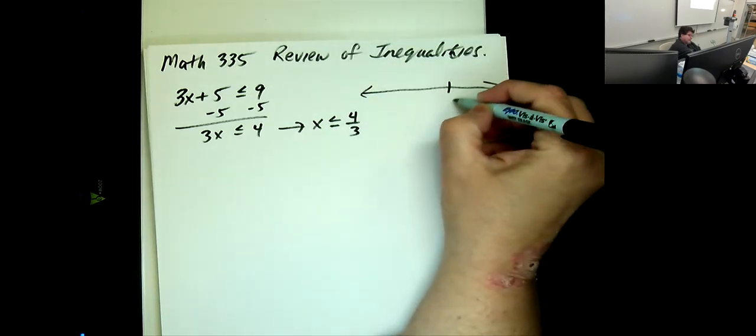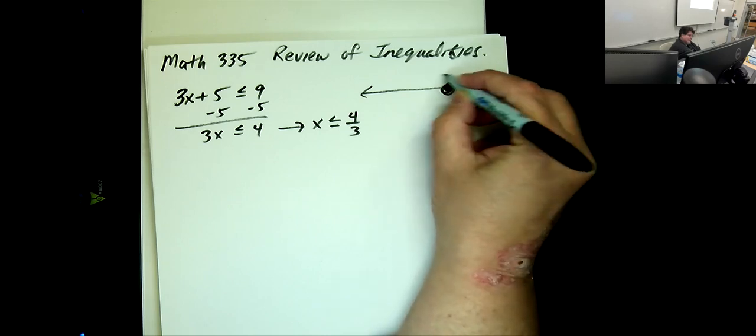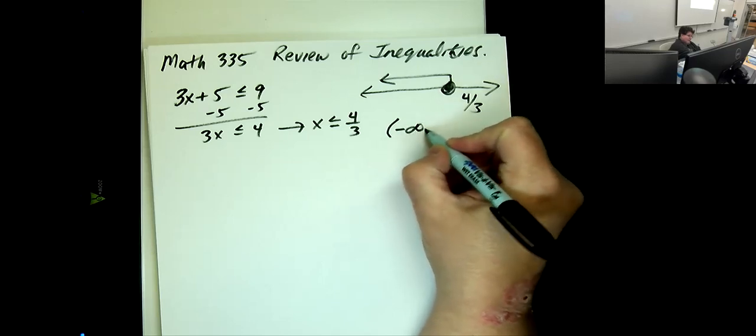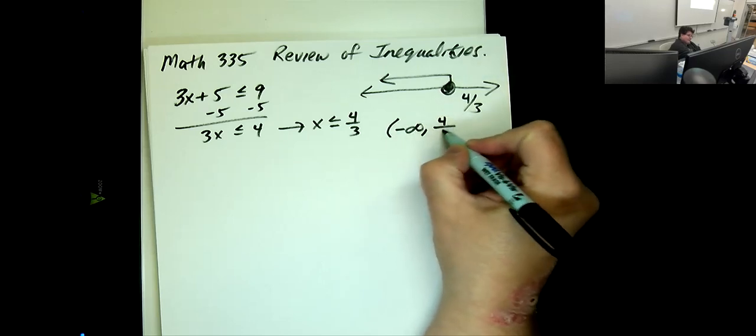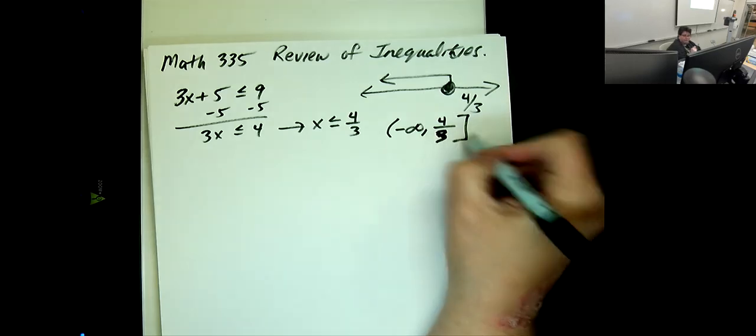This means if we have a line at 4/3, we have a solid dot on it, and we're looking for everything to the left. And in interval notation, it is negative infinity with parentheses to 4/3 in a bracket.